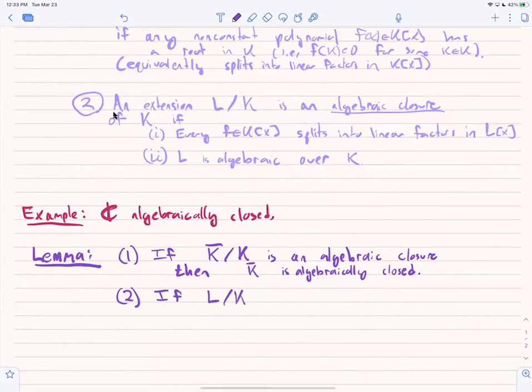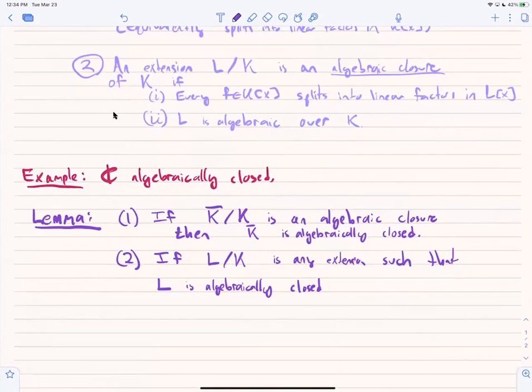If L over K is any extension such that L is algebraically closed, then I can make an algebraic closure of K living inside of L just by taking all of the algebraic elements.